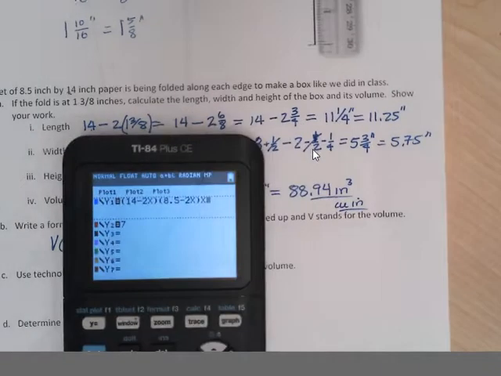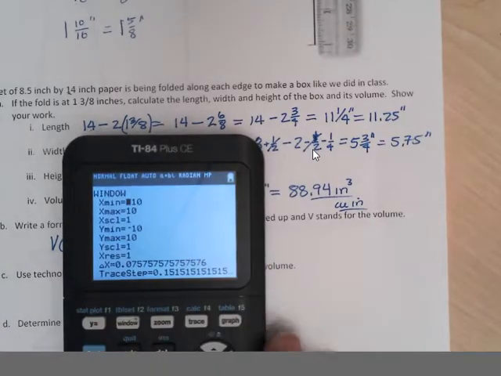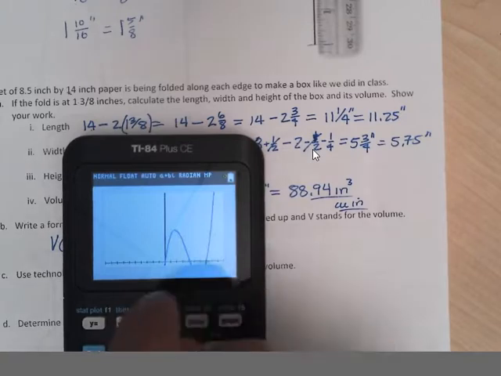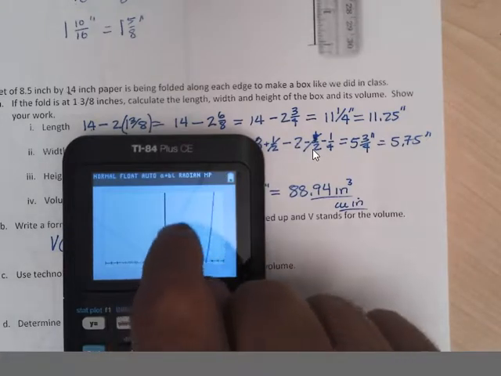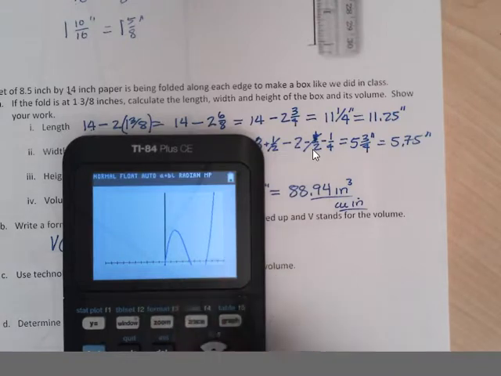I can put the x in parentheses or not, and get rid of the 7, and graph, and it goes way higher than I can see. If I go to the window and say I want to look higher, like maybe 200, and graph, I can see it. It goes from 0, goes up, then it comes down at 4.25 and back up at 7.